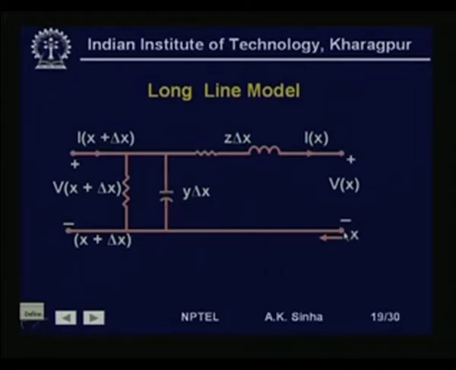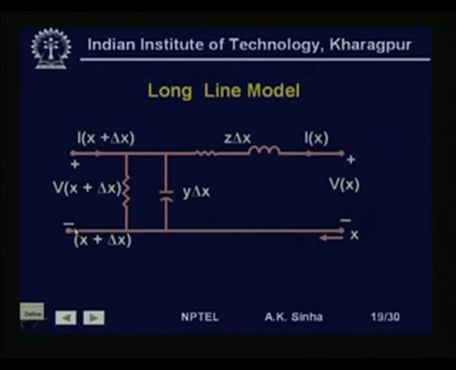Now, we have taken the parameter x, or the distance parameter, from the receiving end side. So, the voltage at a point at a distance x from the receiving end, we write as V at distance x, V x, and the current at this point as I at a distance x from the receiving end, that is I x.